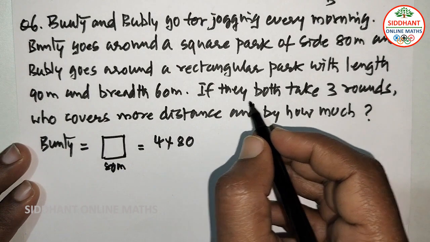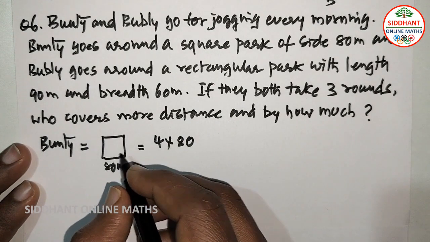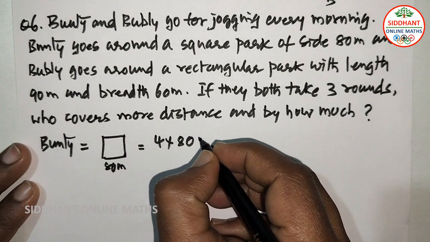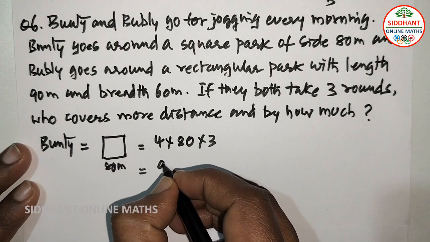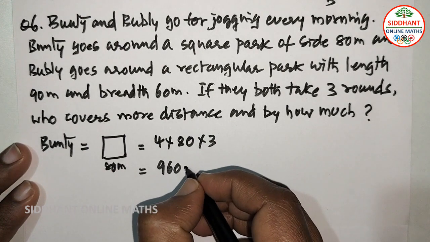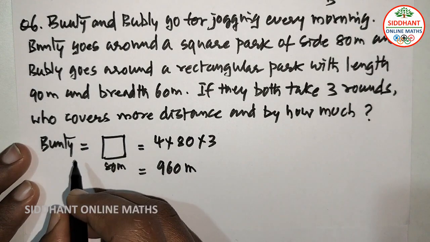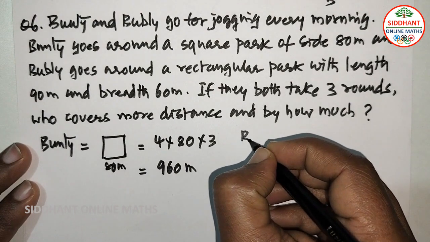Next they said they took 3 rounds. So 4 into 80, and 3 rounds they have covered, that means into 3, then you get 960 meters, which is the distance covered by Bunty.